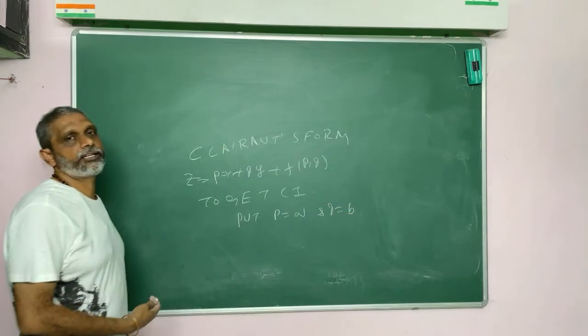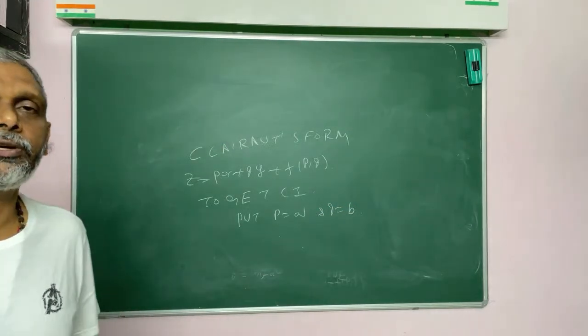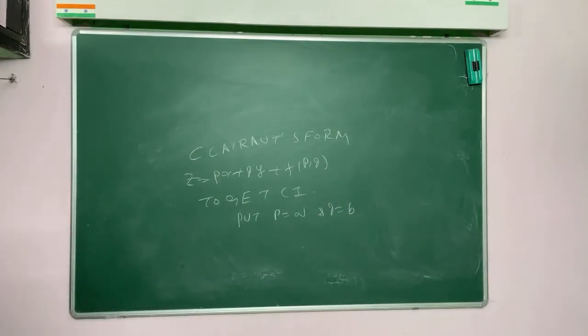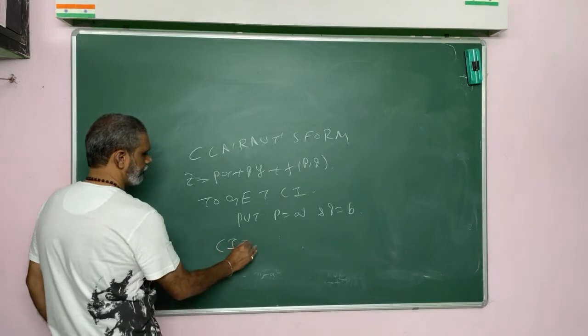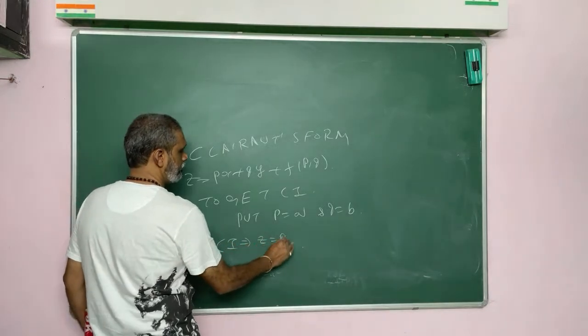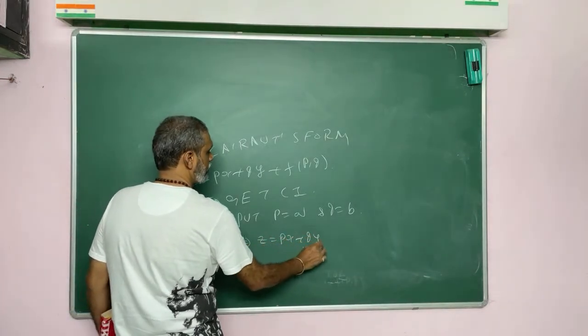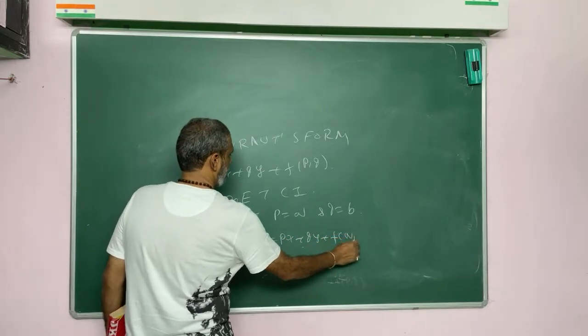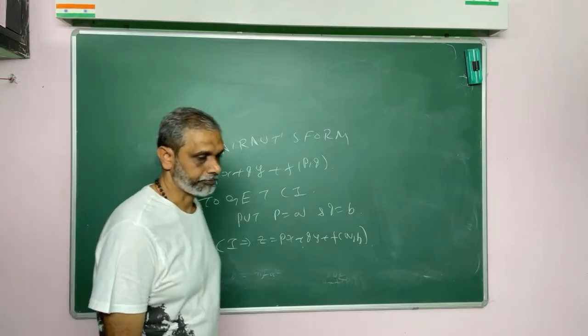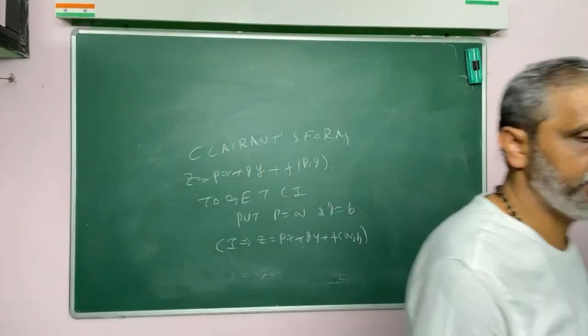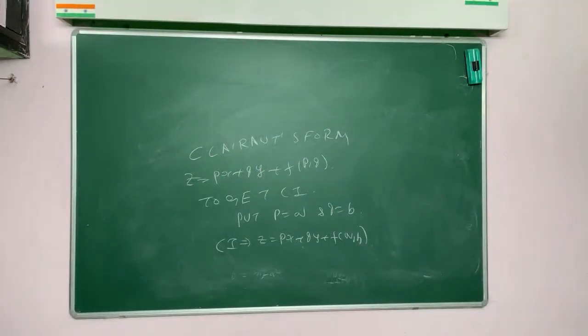Here you will get the singular integral, no doubt. dou z by dou a equal to 0, dou z by dou b equal to 0, then remove a and b, you will get the singular integral. So what complete integral will you get? z is equal to ax plus by plus f of a, b. Complete integral or complete solution.